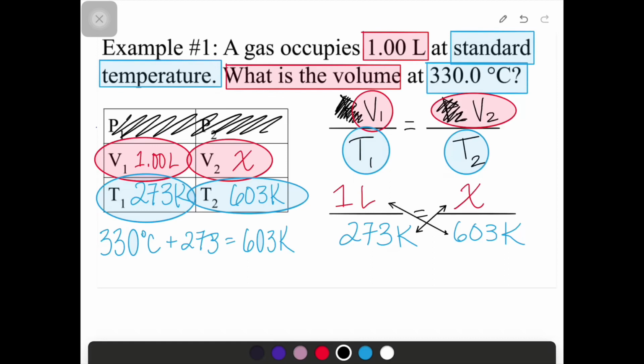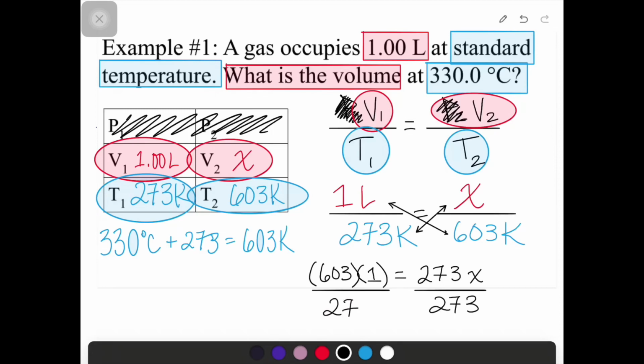Okay, so that will give me 603 times 1 is equal to 273x. Divide both sides by 273. And I'm going to go over here.